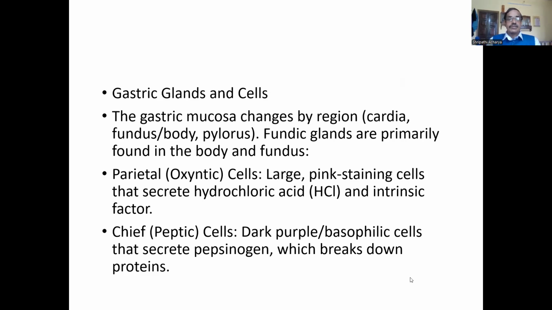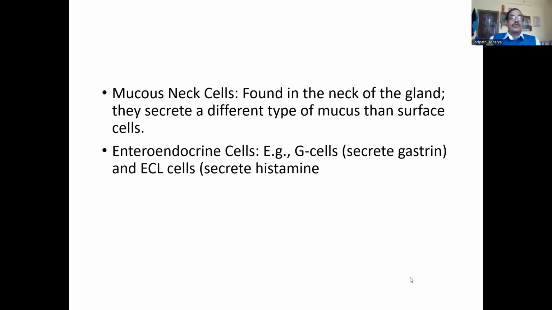Chief or peptic cells, dark purple basophilic cells that secrete pepsinogen, which breaks down proteins. Mucous neck cells, found in the neck of the gland. They secrete a different type of mucus than surface cells. Enteroendocrine cells, for example, G cells secrete gastrin, and ECL cells secrete histamine.